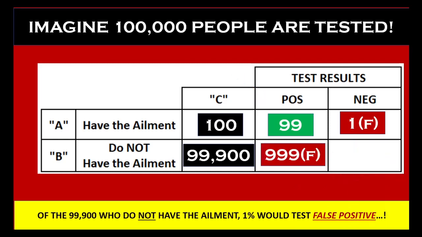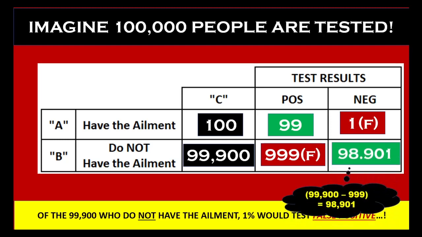Fair enough? Now, of the 99,900 people who do not have the ailment, 1% unfortunately would be tested as false positive. That is, they would be told that they actually have the disease when they don't have the disease. And 98,901 people would be told correctly that they do not have the ailments.